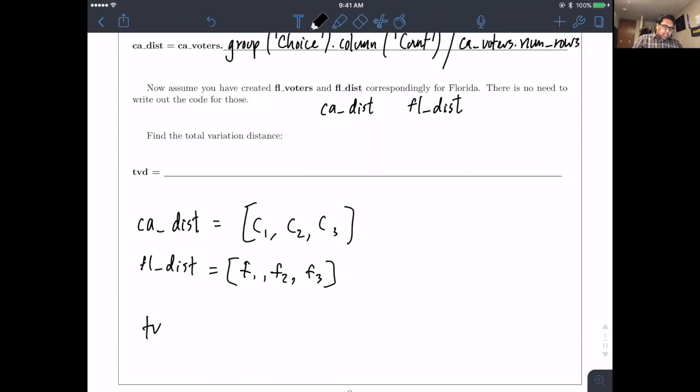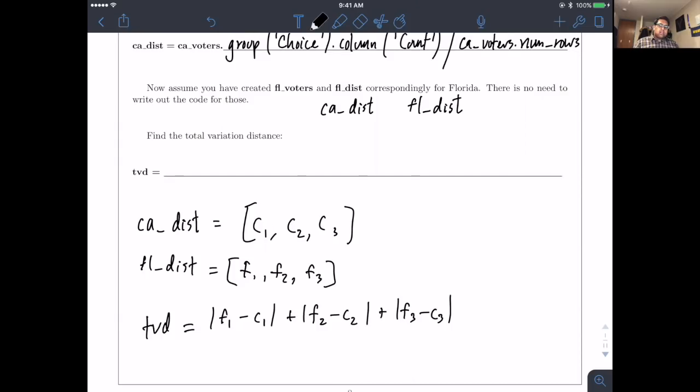So our TVD, and this is for any data set, not just CA distance and Florida distance. You go through and you subtract the first element of each one, take the absolute value of that. You find the absolute value of the second two, of the third two, right? And if we had more than 3, we would do this for however many we have, right?